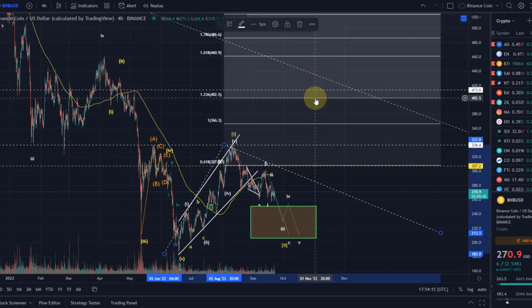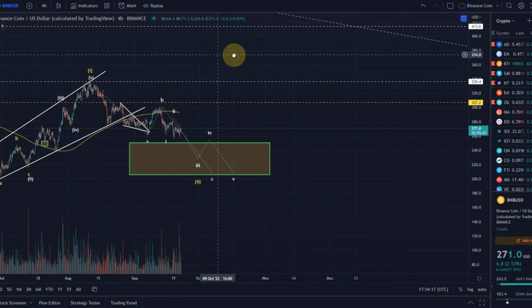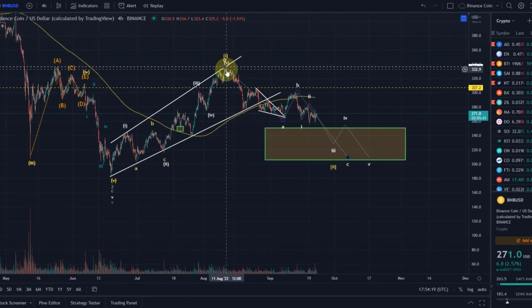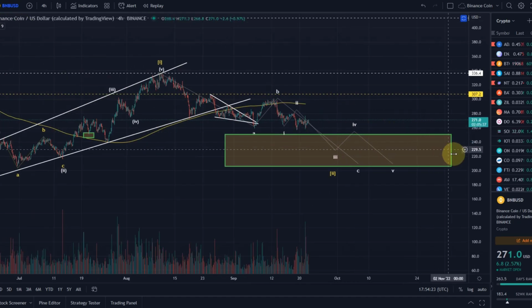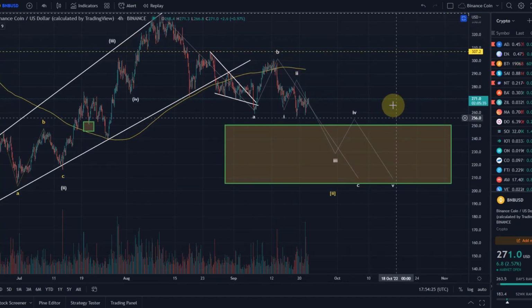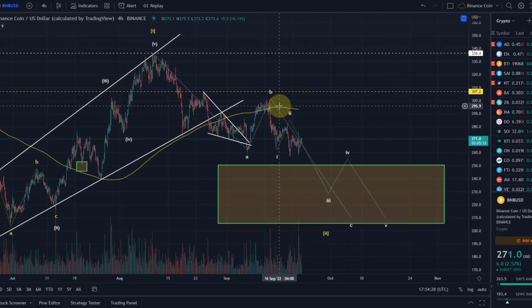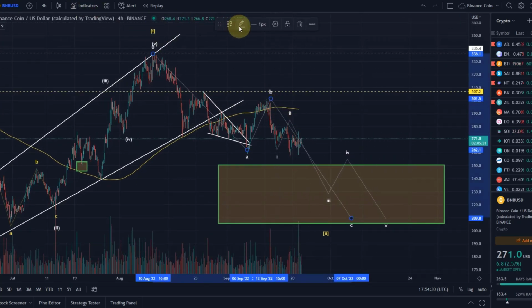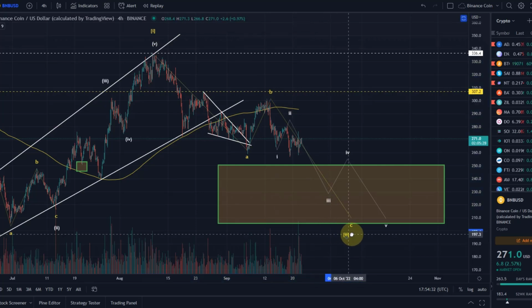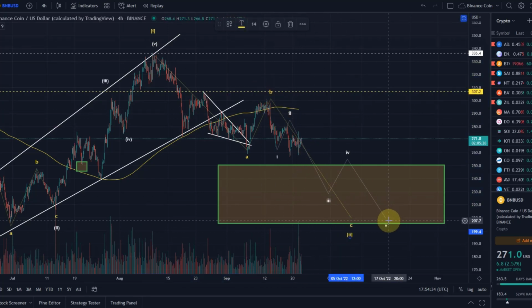So from a high level point of view, we can see that we are basically in this ABC pattern. That's my opinion. ABC in a wave 2, pretty straightforward. I'll make that yellow actually, just to indicate here that this belongs to the wave 2. And where are we?